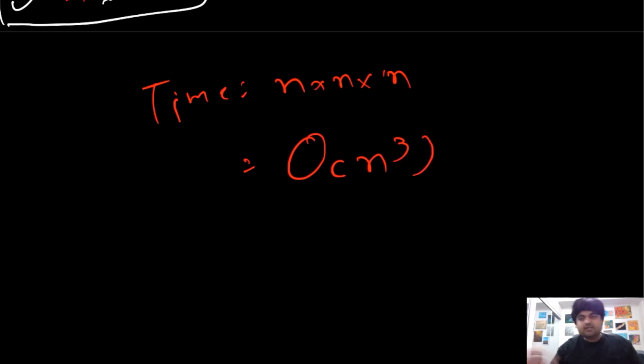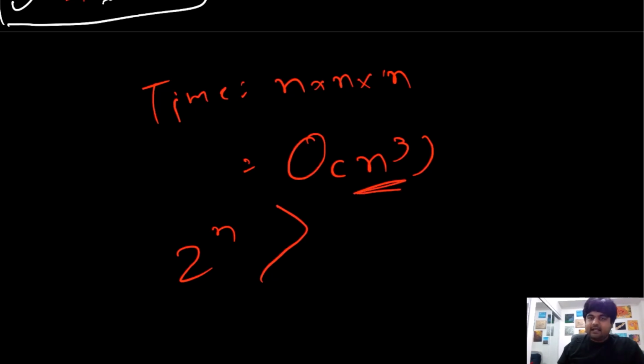So this is also pretty high time complexity, but if you compare it with 2 to the power of n, this is actually way lesser. Because this time complexity can still be calculated, and this is a polynomial time complexity. But the thing is, this one is exponential, and yeah, we need exponential salary but not exponential time complexity.